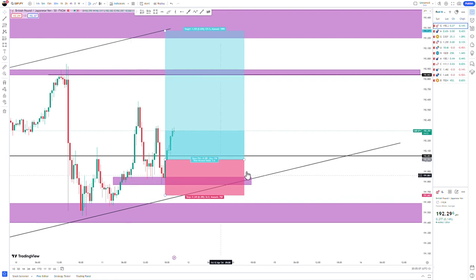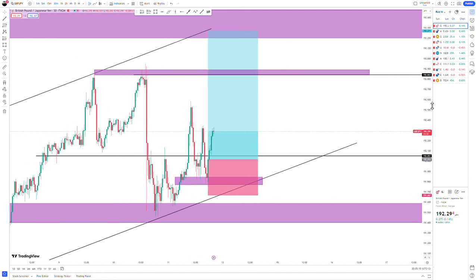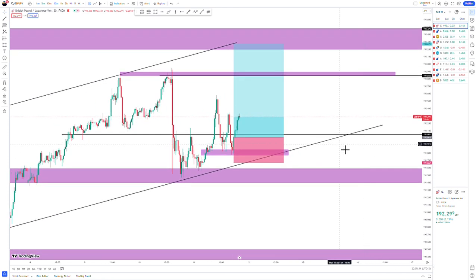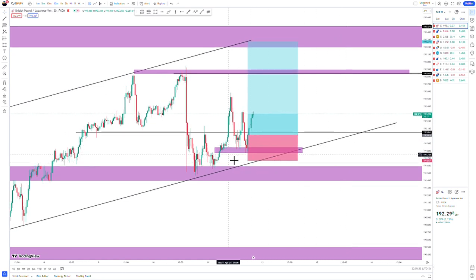I use what I call a charting stop, meaning that I don't have a fixed pip stop loss. I put my stop loss in accordance with my analysis. A charting stop is the one that I get on my chart. So if I have this low, that means when I enter at this price area, my stop loss has to be at an area where my trade gets invalidated.